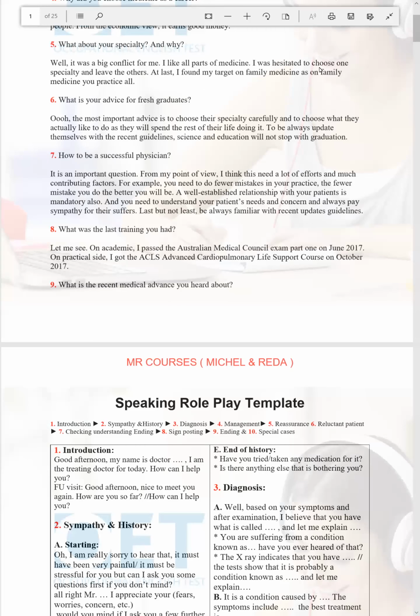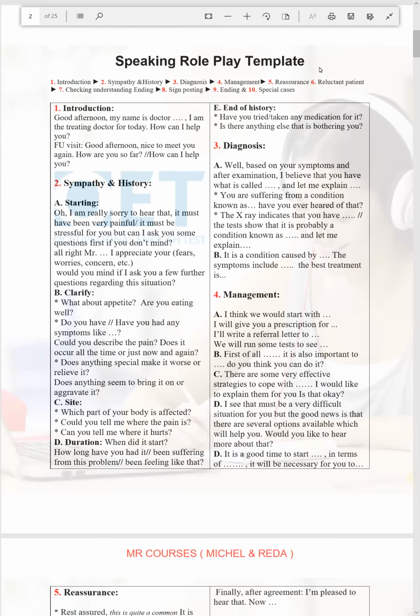What are the components of a speaking role play and what is the template? We have introduction, show sympathy and take history. We have to start taking history, clarify, and end the history. Finally, we have to tell the patient our diagnosis.